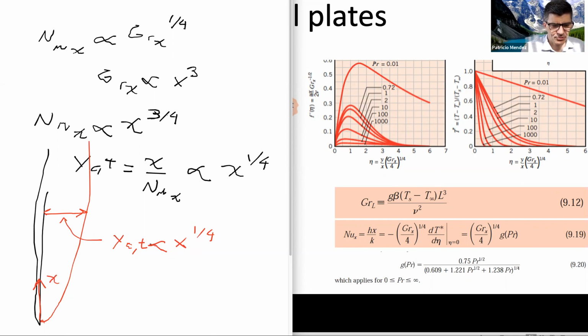This means proportional. So it's getting thicker and thicker. And we know that a thicker boundary layer would give us more insulation to the heat transfer. So if here we are at T infinity, right? And here we have an amount of heat transfer.